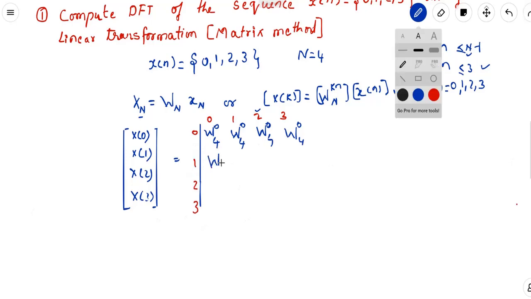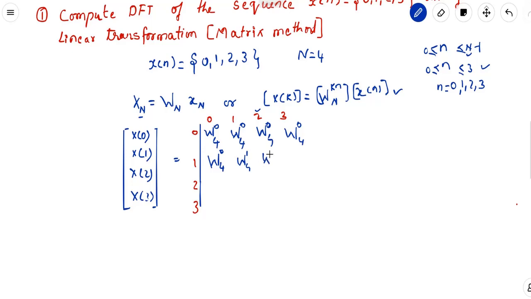The next row: omega 4 of 1 into 0 is 0, 1 into 1 is 1, 1 into 2 is 2, and 1 into 3 is 3. Then 2 into 0 is 0, 2 into 1 is 2, 2 into 2 is 4, and 2 into 3 is 6.